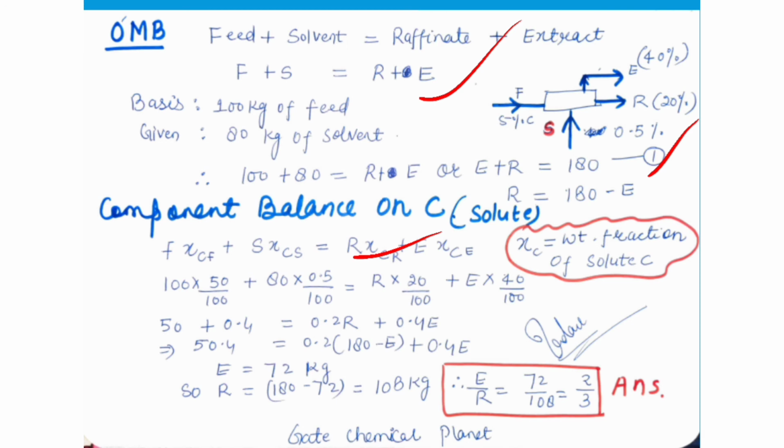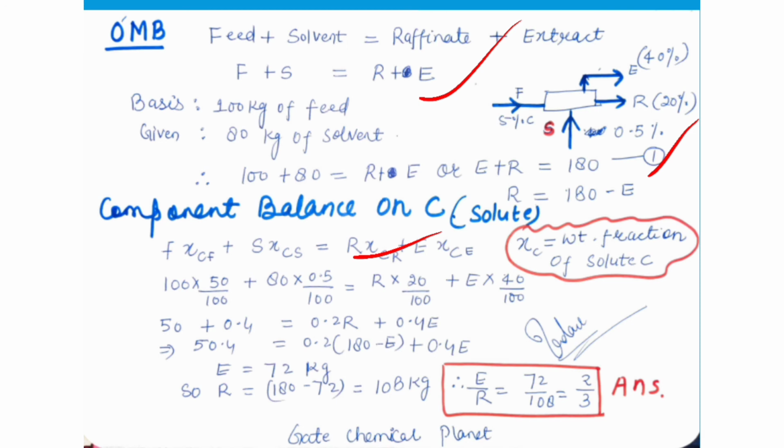So we can easily write the component balance for solute C. Since 50% of C is present in the feed, I am writing 50 divided by 100 for your convenience, plus 80 into 0.5 divided by 100, because 0.5% of C is present in the solvent.